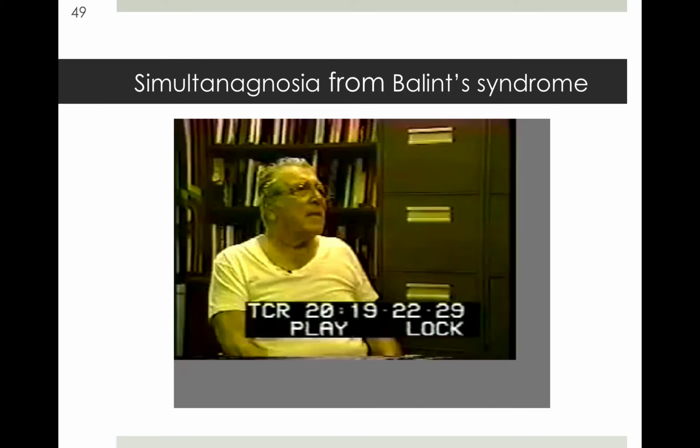Agnosia just means lack of knowledge or awareness of things, and simultanagnosia just means lack of awareness of simultaneously presented items. This comes from a kind of right hemisphere damage known as Balint syndrome. It's a different variant of neglect. So think of neglect as a constellation of these different central disorders of attention, including simultanagnosia.